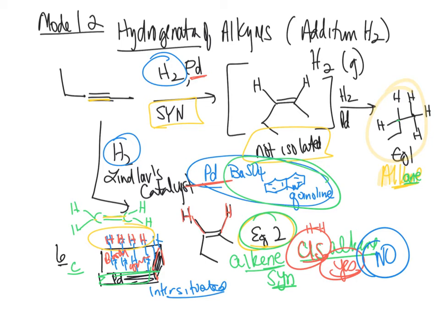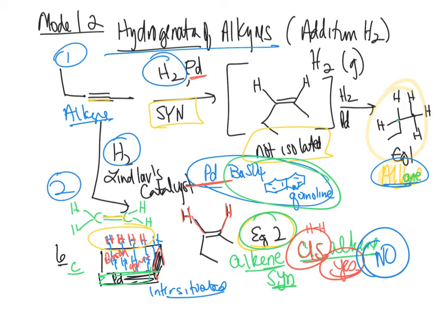Don't answer that. Instead of answering that, we're going to add our third reaction. So this is the one reaction. It's just called catalytic hydrogenation, and the alkyne will go to an alkane. This is your second reaction where you take an alkyne using Lindlar's catalyst and you make a cis alkene.